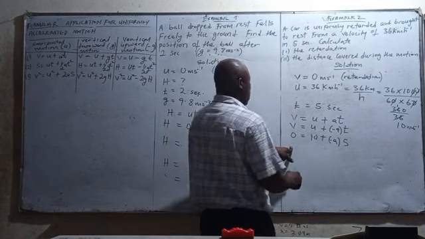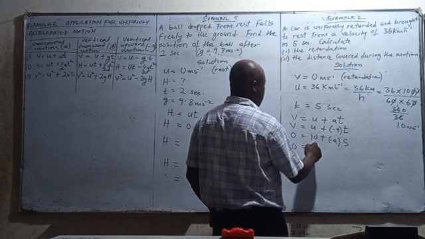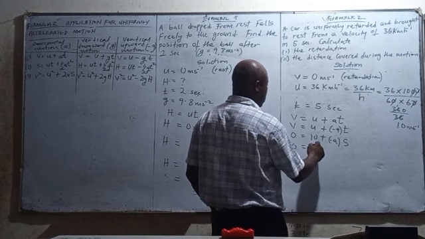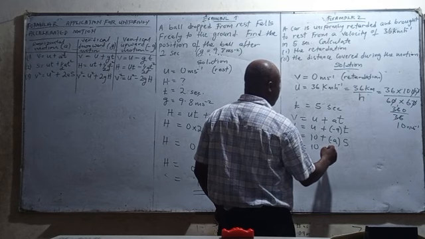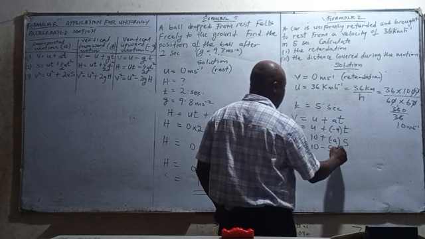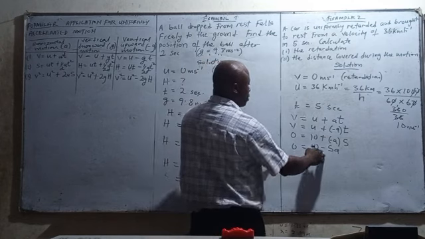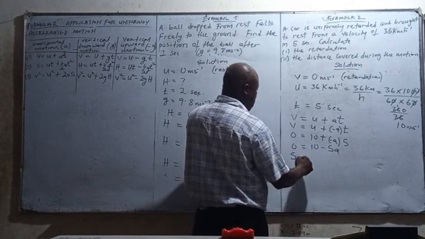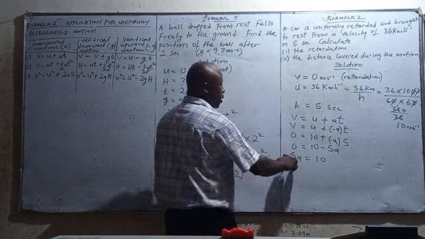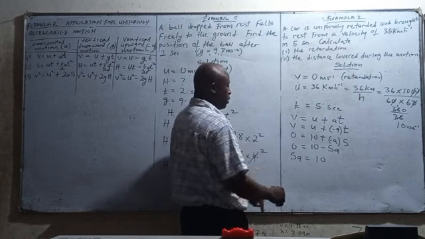We now have 0 is equal to 10 minus a times 5, which is minus 5a. When you collect like terms, minus 5a crosses over and comes here. We have 5a is equal to 10. We are interested in a, so we divide both sides by 5.